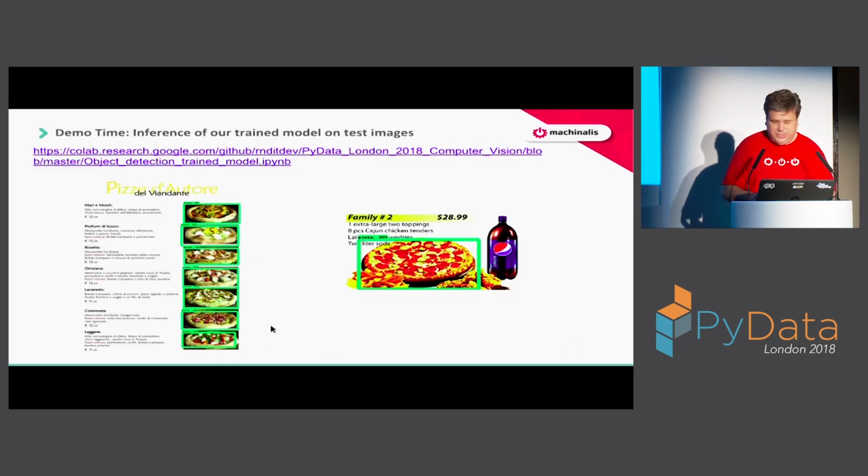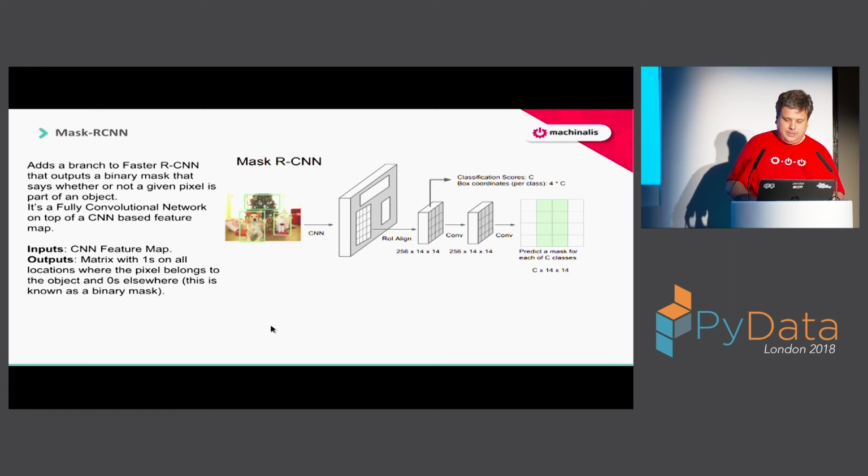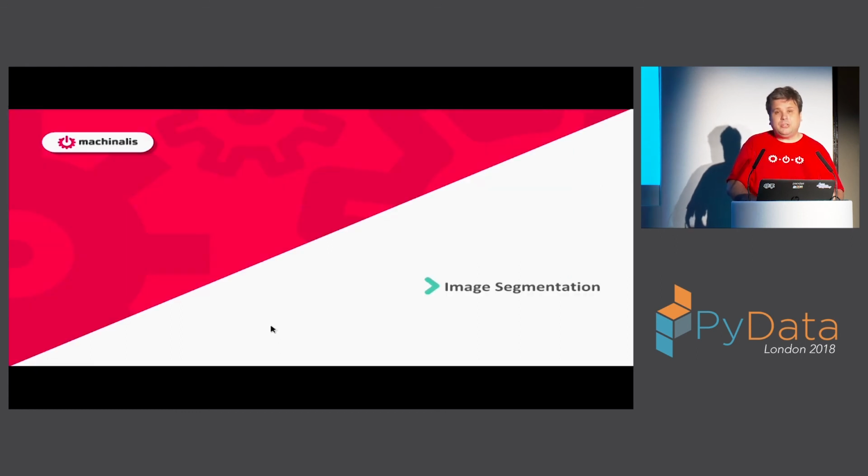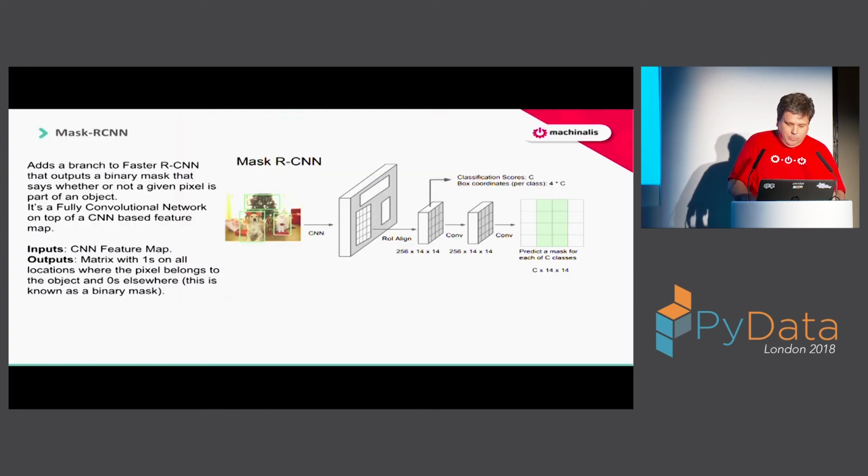I have like 10 minutes to go to the last task, which is image segmentation. Well, we were happy and we were detecting our elements. Everything went well. But what happens, for example, if you want to detect an object which is very long or with extremities extended?